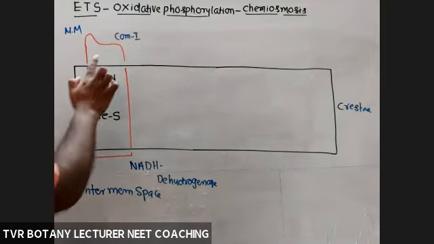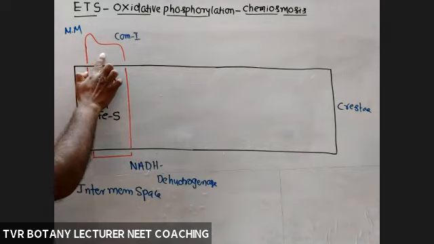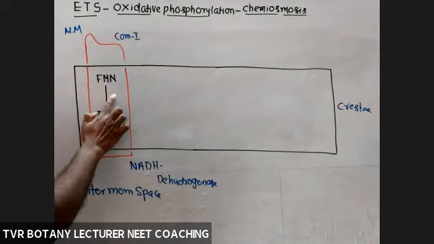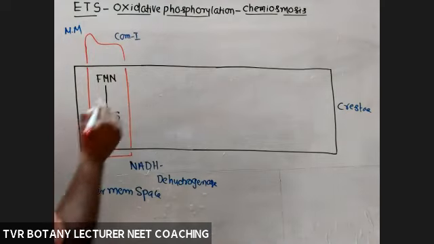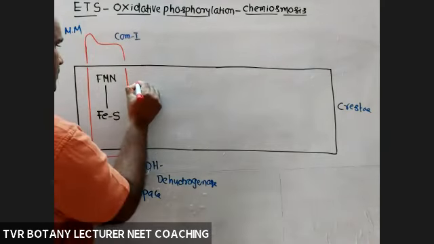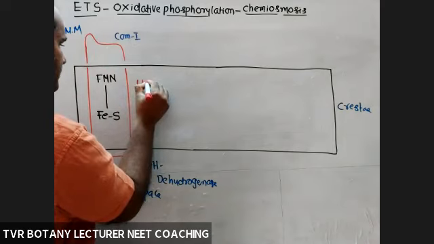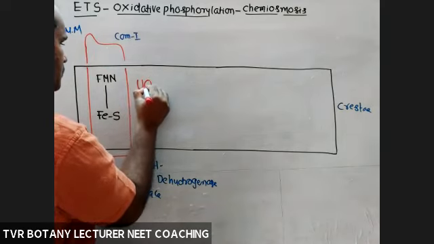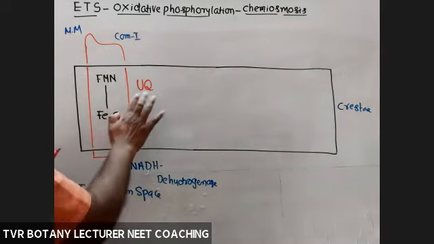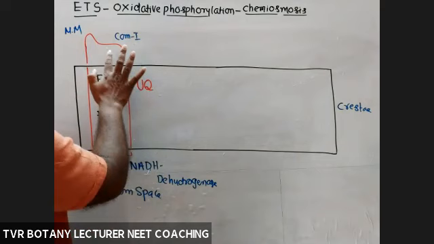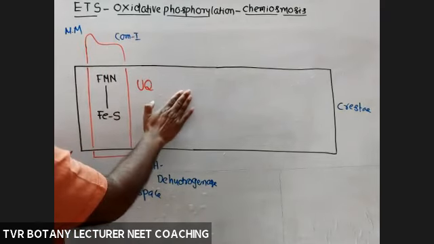Okay, so what about the role of this one? Oxidation of NADH and transfer of electrons to the next electron acceptor. Okay, so what is the next electron acceptor? Ubiquinone. Here I'm taking UQ. Ubiquinone is present between complex 1 and complex 3.